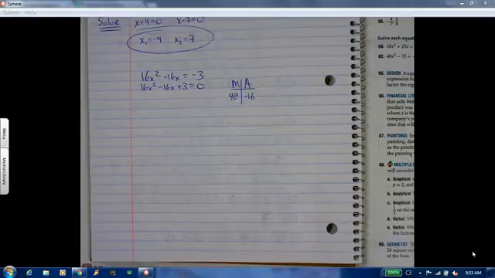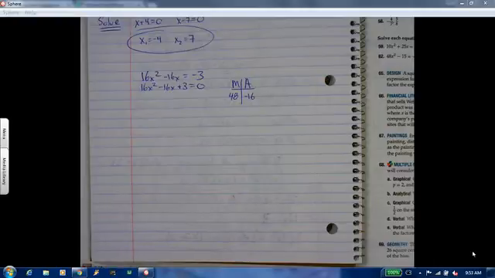Yeah. So not 6 and 8. So if 6 and 8 is the only one you can think of, then you can break 8 down. 8 is 2 and 4.